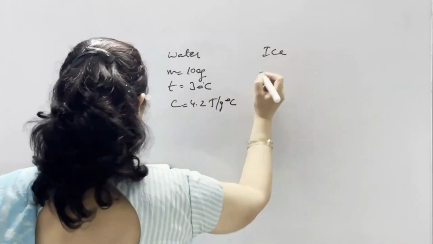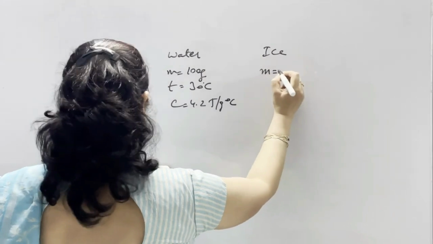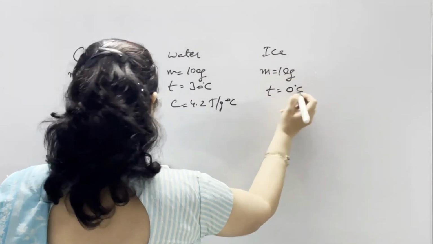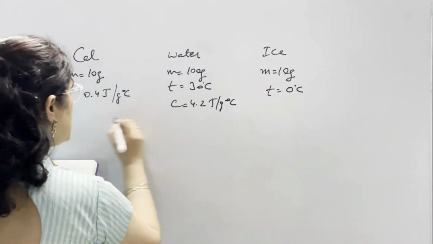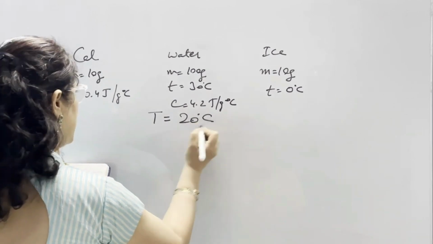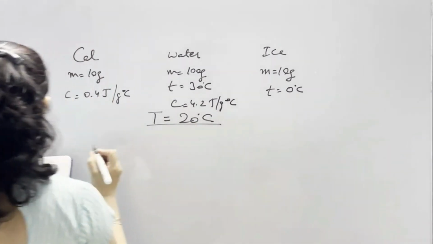Next, ice is also given: the mass of ice is 10 gram and temperature of ice is 0 degrees Celsius, and final temperature for all these is T equal to 20 degrees Celsius. This we have to maintain.